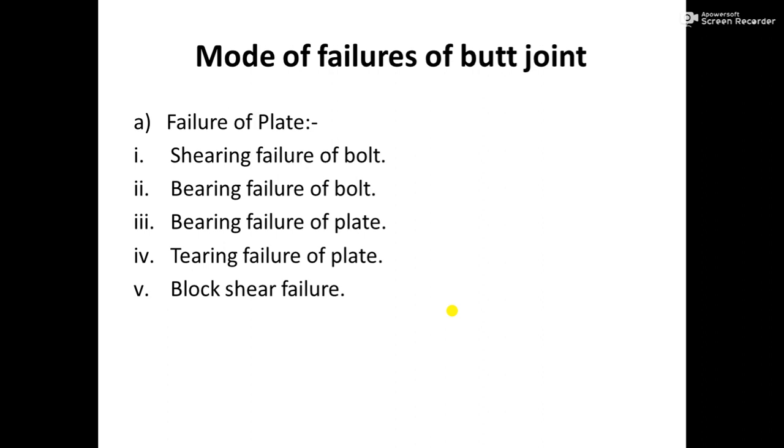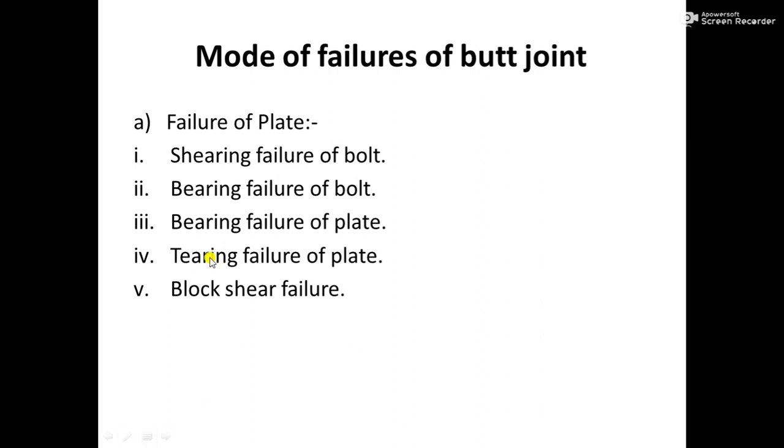These modes of failure: the first one is failure of plate. Again, it may be shearing failure of bolt, bearing failure of bolt, bearing failure of plate, tearing failure of plate, or block shear failure.